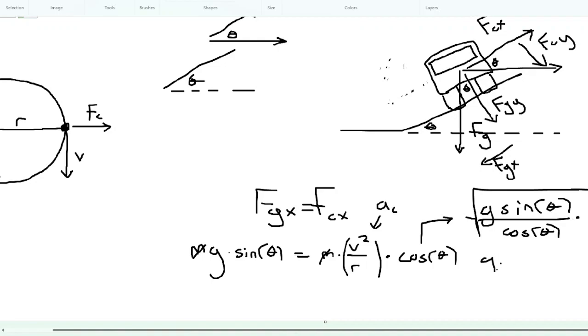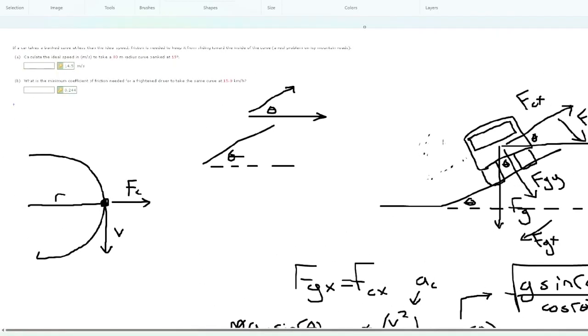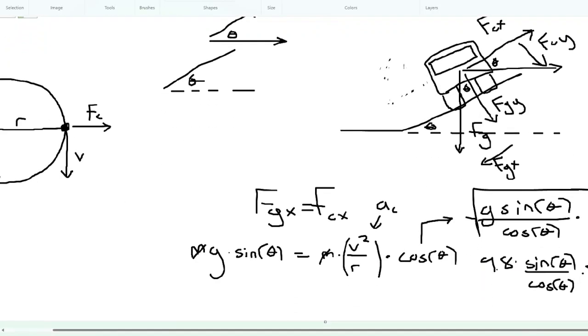So 9.8 times sine of theta divided by cosine of theta times radius, which is going to be, what's the radius? 80 meters, is equal to velocity. Let's go ahead and see what we could do here.